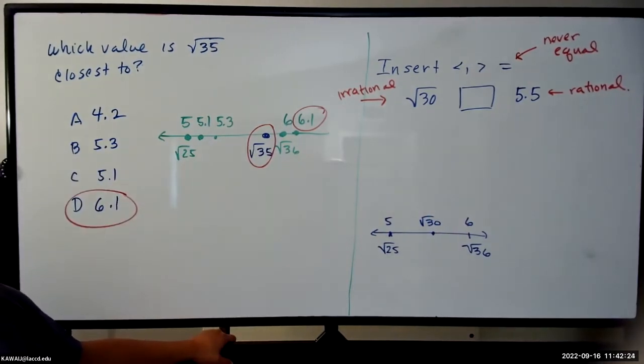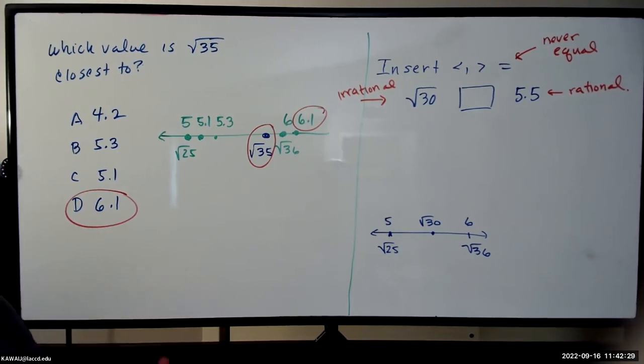That's in the middle. And 5.5, that's in the middle. How the heck do I figure this out? Because they're both really close to each other.